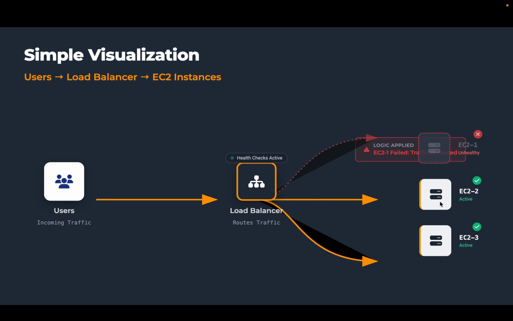If we have 2 EC2 instances and 10,000 users hit it, it distributes the traffic as well. If we have only one EC2 instance, it gets overloaded and crashes. That's why the load balancer comes into the picture.